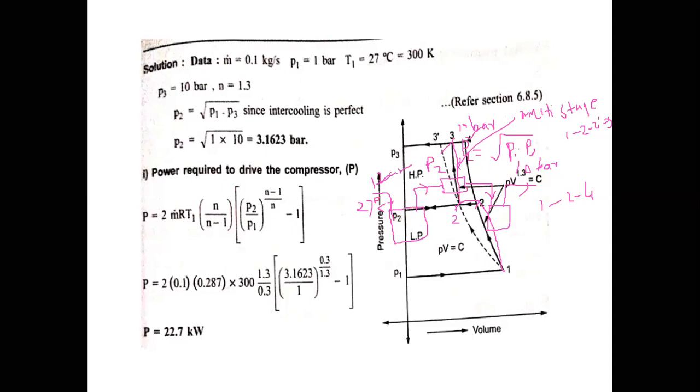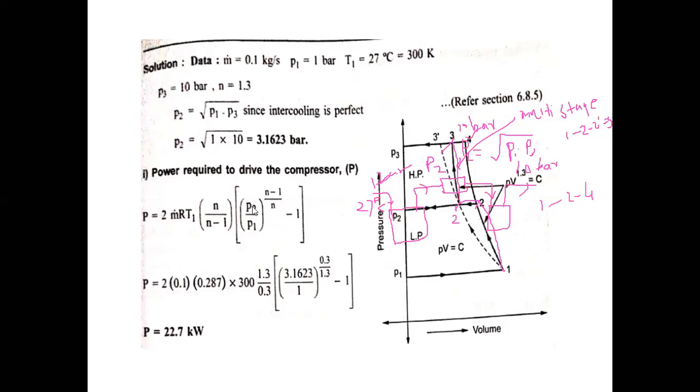As it is a multi-stage compressor, the formula is 2 times m, mass flow rate of air, times gas constant R, times temperature T1, which is already known to us, times n upon n minus 1, which we already derived, times P2 by P1 raised to n minus 1 upon n. P2 and P1 are both known to us.